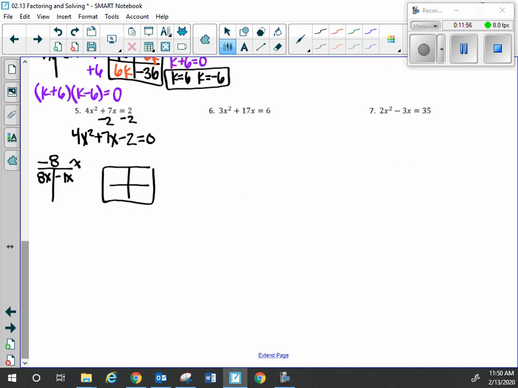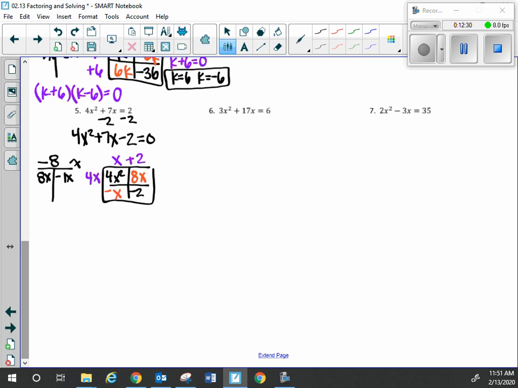Top left, 4x squared. Bottom right, negative 2. Diagonals, 8x and negative x. Okay. So let's get those factors. 4x squared and 8x, the factor is 4x.